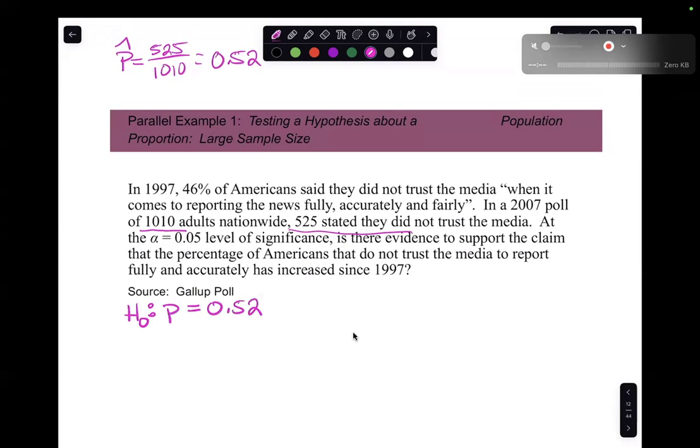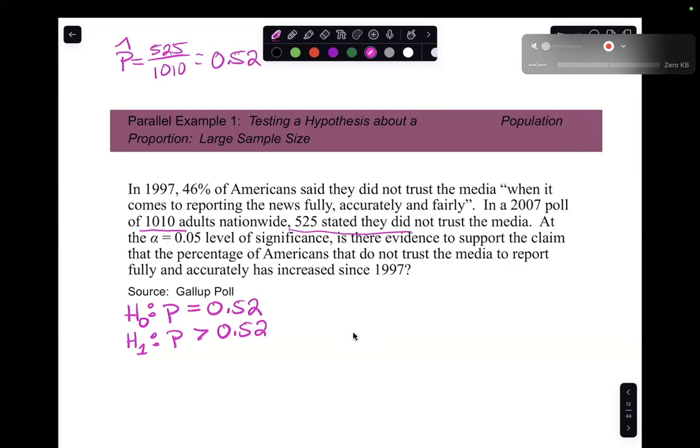So my alternative hypothesis is that p is greater than 0.52. So remember, the only thing that changes is my 0 changes to a 1 and the sign changes. The number stays the same and both of them say p, because we're dealing with proportion.